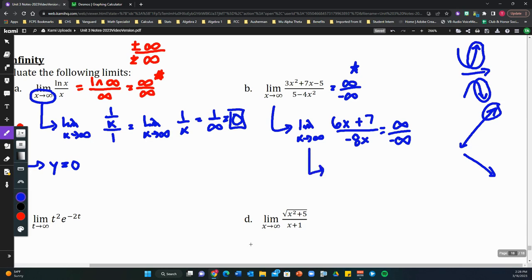And if you notice the structure here, this kind of relationship or process happens very often, or not often, always, when we have polynomial over polynomial. Because of the end behavior of polynomials, polynomials can't have horizontal asymptotes.